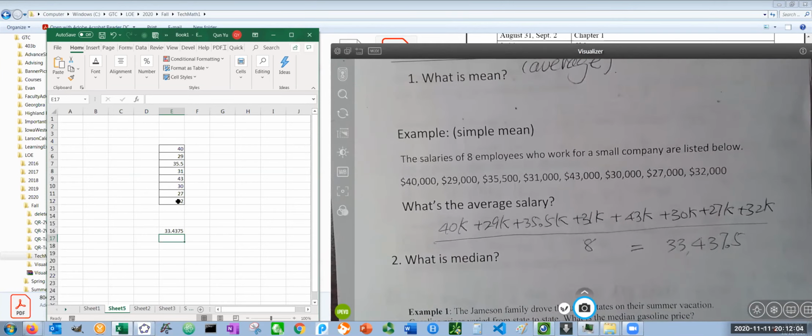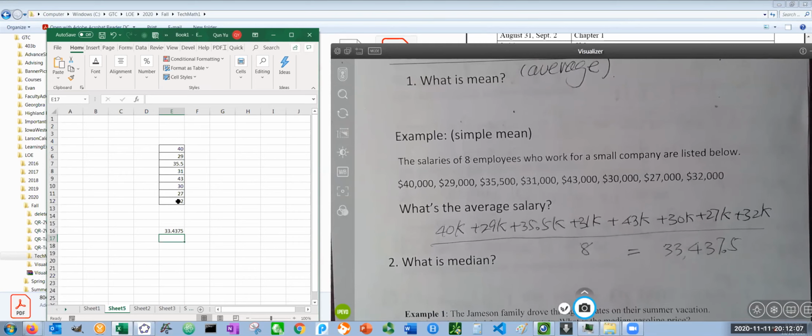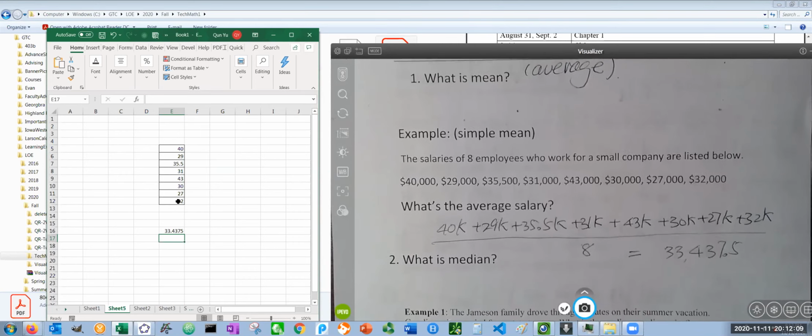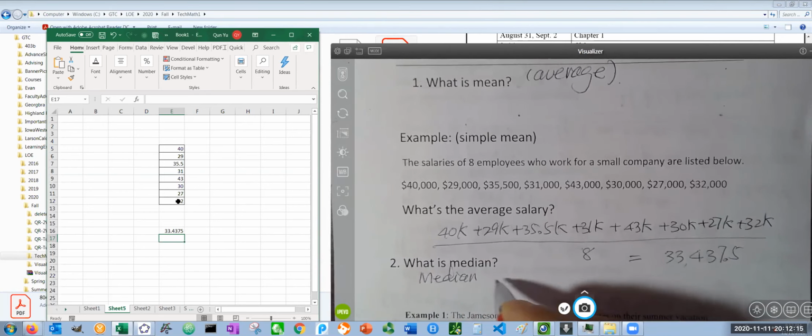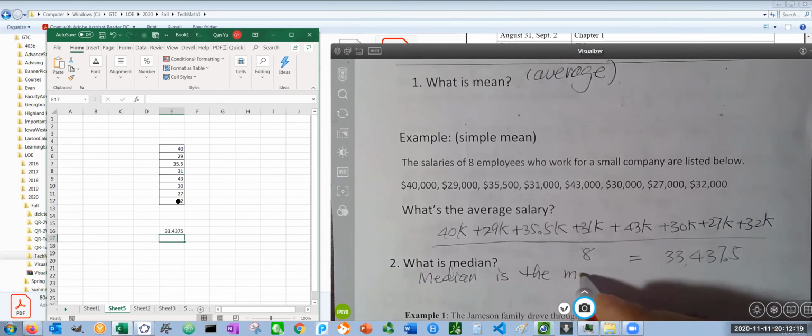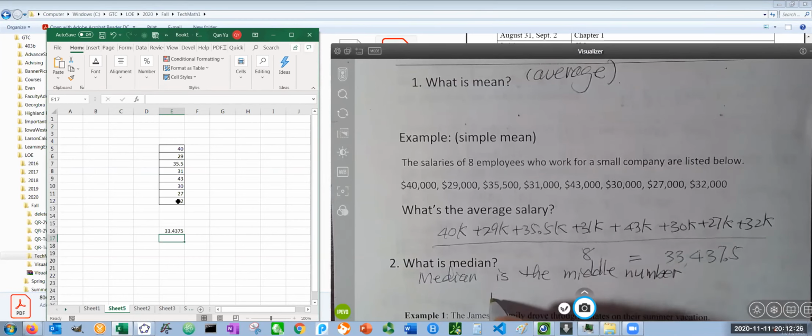Next, we do the median. What is the median? Median by definition is, let me write it down, the middle number in an ordered data set.